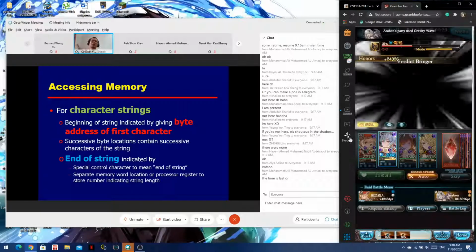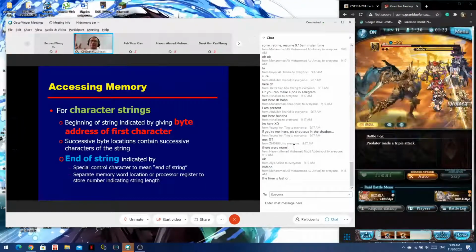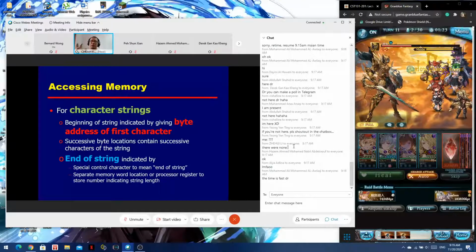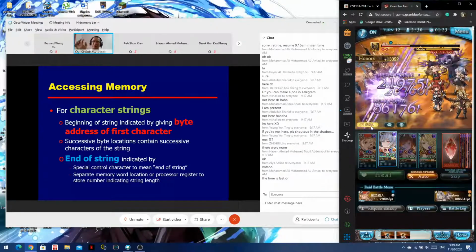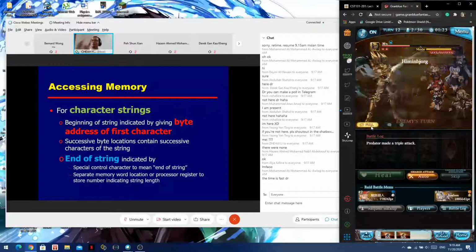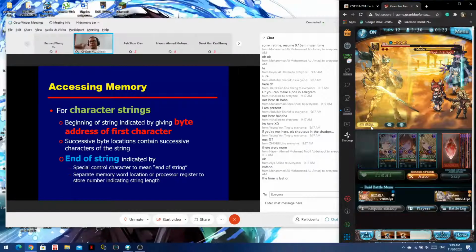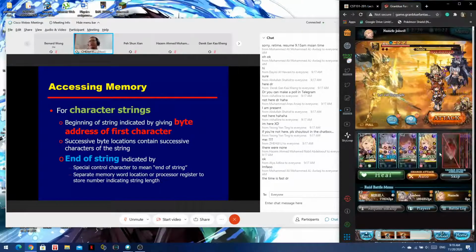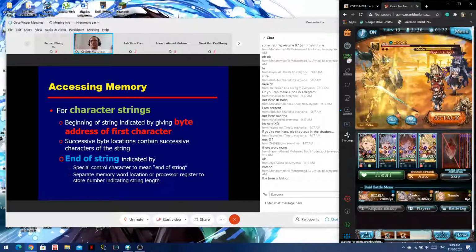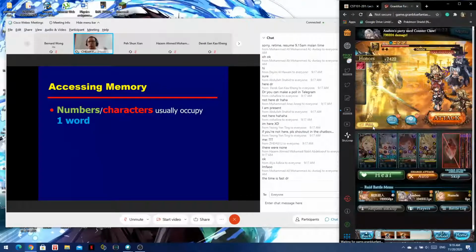For character strings, what will be indicated is the starting character. The beginning of the string will be indicated by an address, so that we know this is the first character, and then successive byte locations will be the next characters. It will also be indicated where the end of the string is, again expressed as an address. So in memory you can store numbers, characters, or character strings.